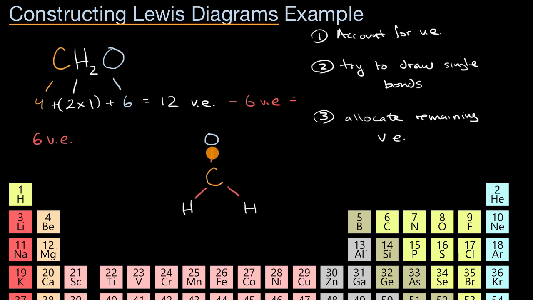This oxygen already has these 2 electrons that it's sharing hanging around. So in order to get to the octet rule, it needs 6 more. So let's give it 6 electrons. So 1, 2, 3, 4, 5, 6. Well, I've just used up the remaining 6 valence electrons. So I don't really have any more to play with.